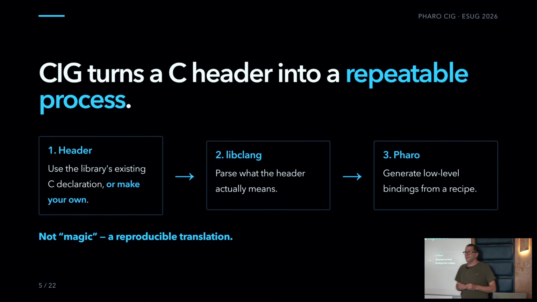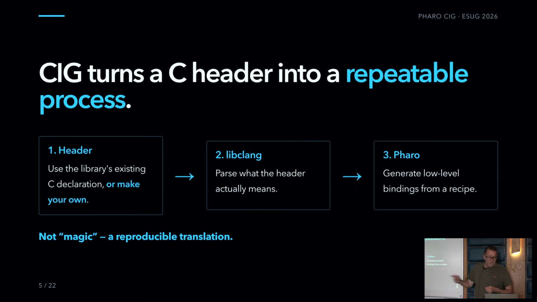It turns something into information that allows you to create a repeatable process. Like a compiler takes a source and generates a program that you can execute. If a compiler can do that, we should be able to make sense of a C header the same way and take that information for us.